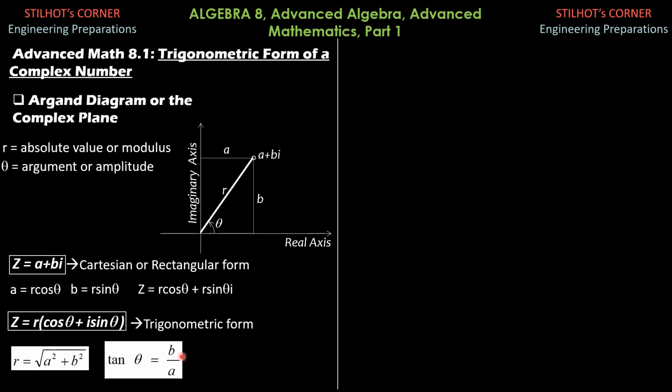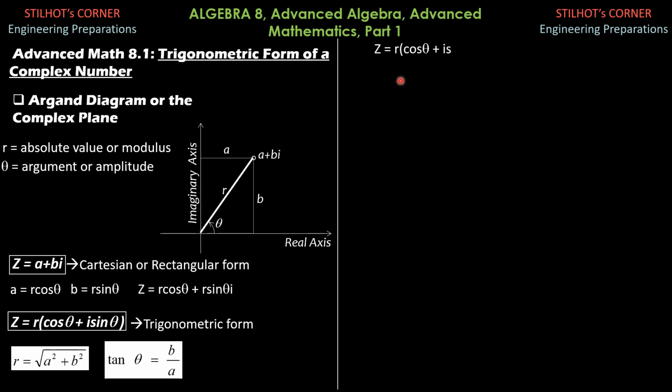So if b is positive and a is positive, it lies in the first quadrant. B positive, a negative, in the second quadrant, both negative in the third quadrant. And if a is positive, b is negative, it is in the fourth quadrant.